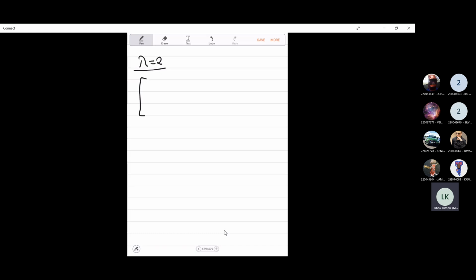So A minus 2I, so you'll have 4 minus 2, which is 2, then 2, and minus 2, and then 1, 3 minus 2 is 1, 1, and then minus 1, minus 1, then 5 minus 2, which is 3. Okay, so this is A minus lambda I, and then we have the augmented matrix 0, 0, 0, like this.